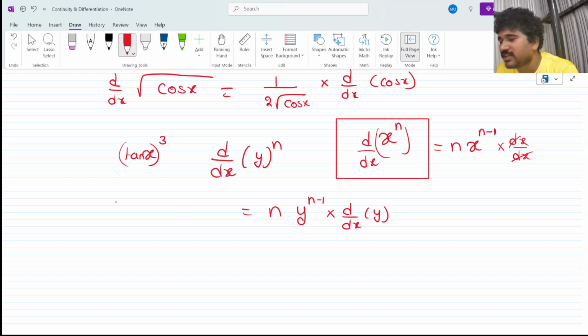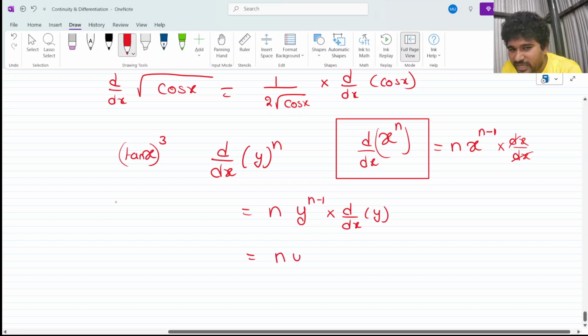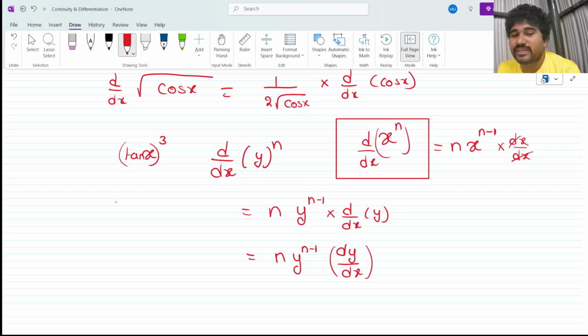Here dx is cut, but here not, so it will stay strongly as dy by dx. Or else if you see d by dx of x, it is 1, you know, right? In that way you can think it became 1.